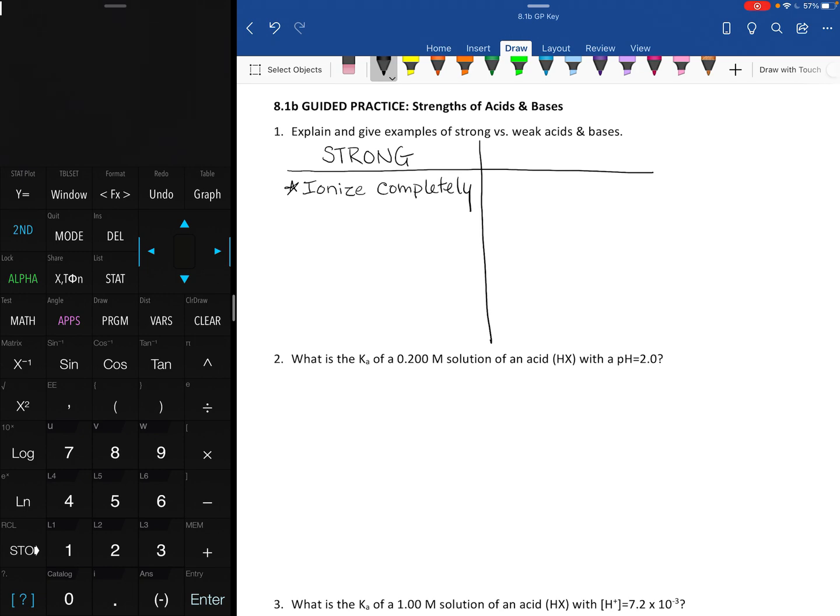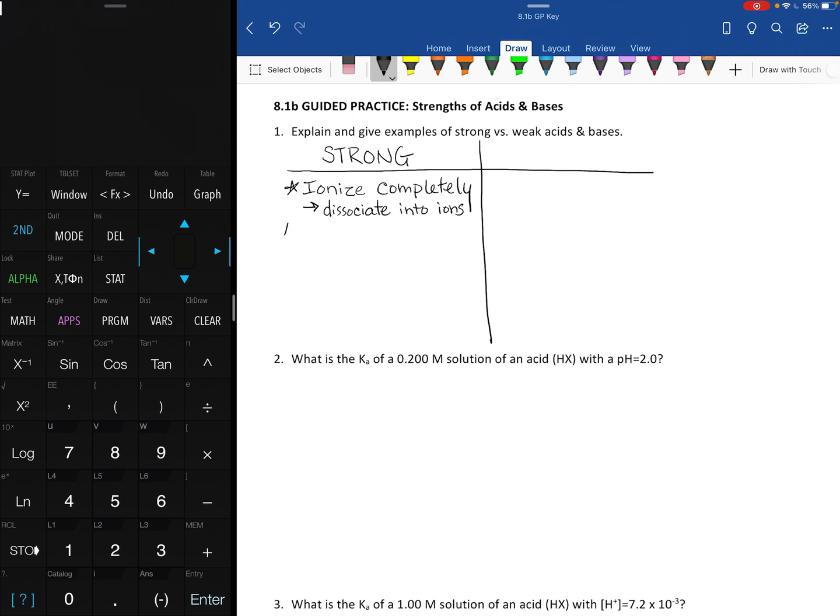And what that means is they're going to dissociate or break apart into their ions in solution. So dissociate into ions. And let's just take a look at a couple examples. These also have really high Ka and Kb values.